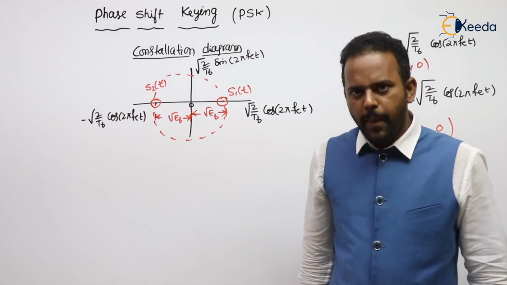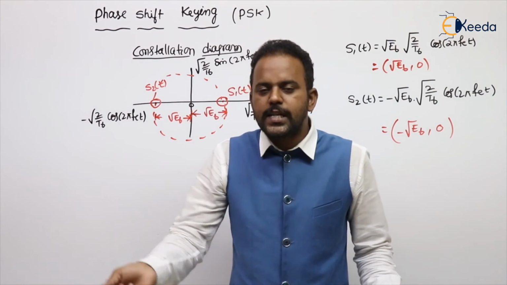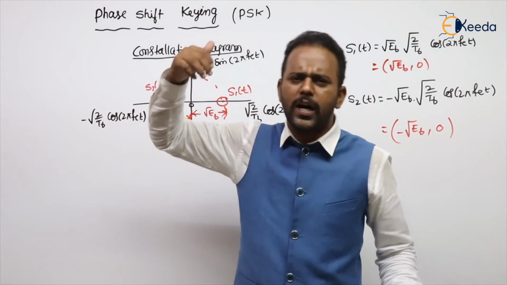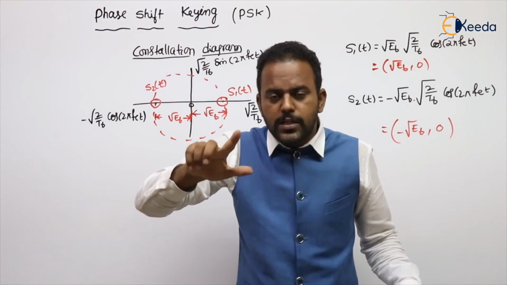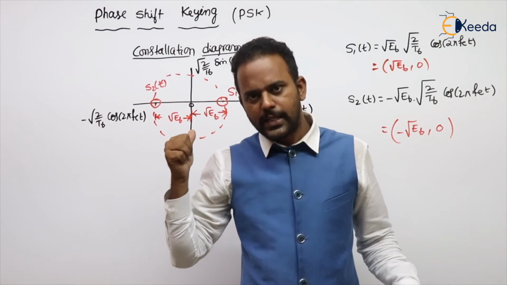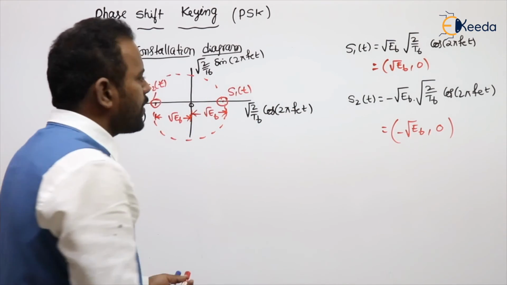So whenever you see a constellation diagram with all signaling points, maybe 2 or 4 or 8, whatever the number, if all are equidistant from the origin, it is PSK. Clear?